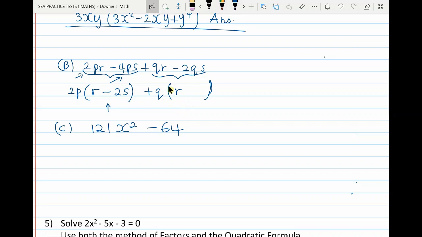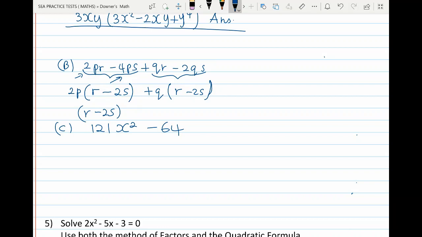And if I take out q from minus 2qs, I'm going to get minus 2s right here. And of course this and this must be the same for factorization by grouping to be able to be done. So all we are going to do now is to recognize that r minus 2s is common here, and therefore it is a common factor that we can take out.